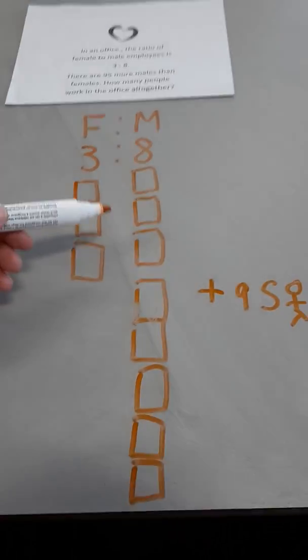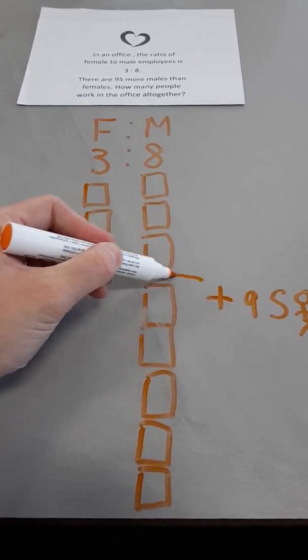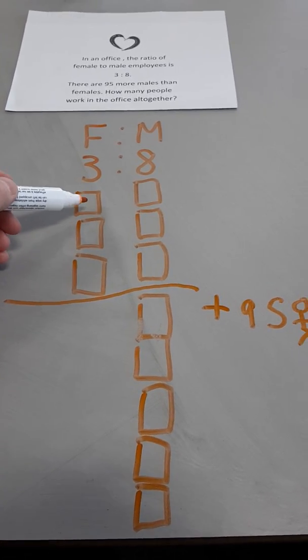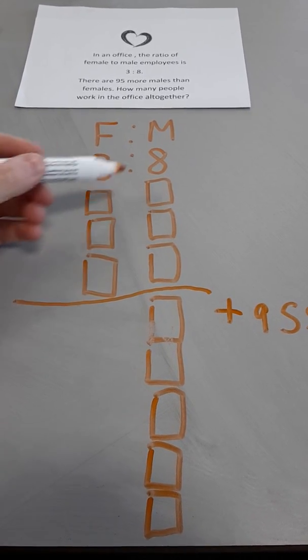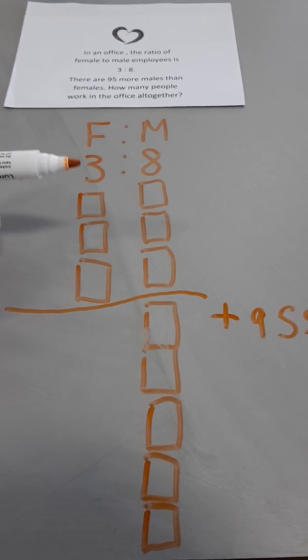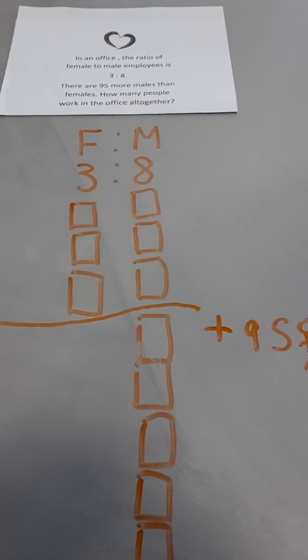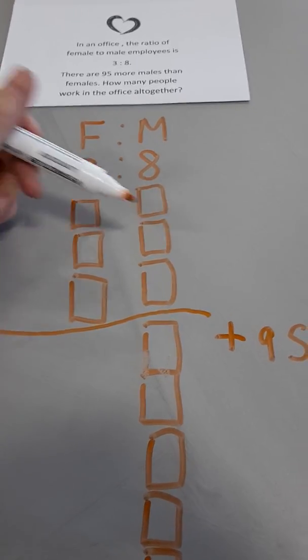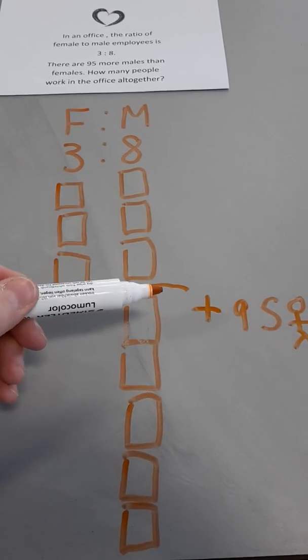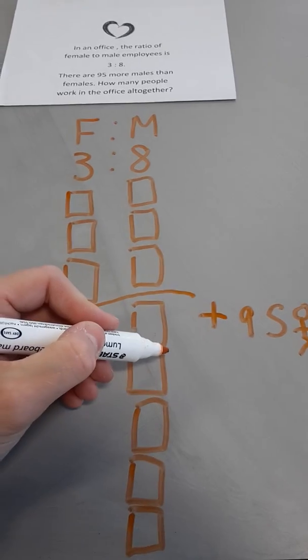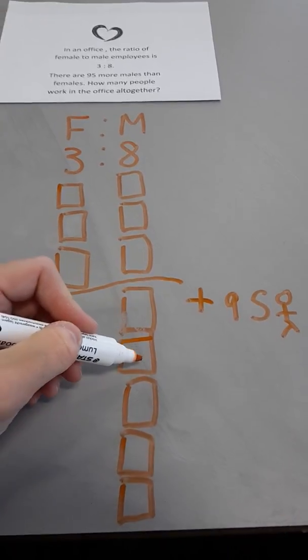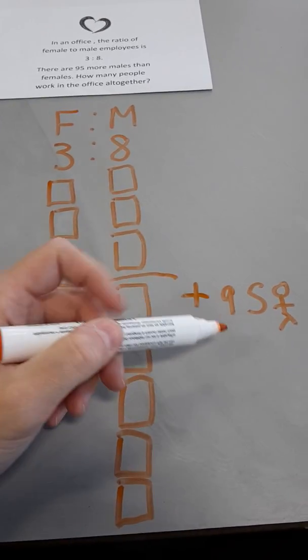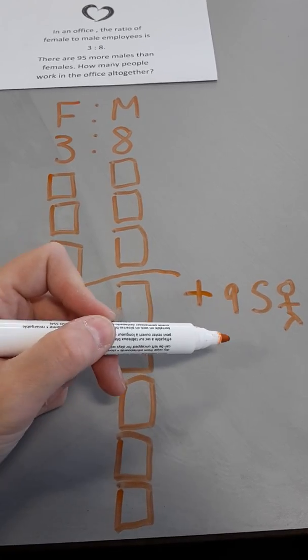Okay. Notice that 3 female blocks and 3 male blocks would make sense. 3 male blocks and 3 female blocks would give you an equal amount of males and females. But there's 95 extra males, meaning that these 5 blocks must represent the extra 95 males.